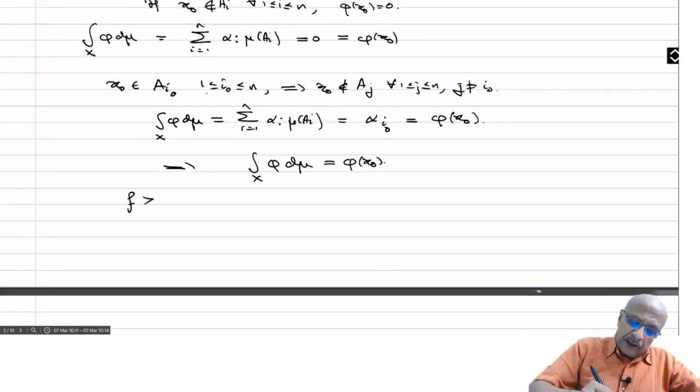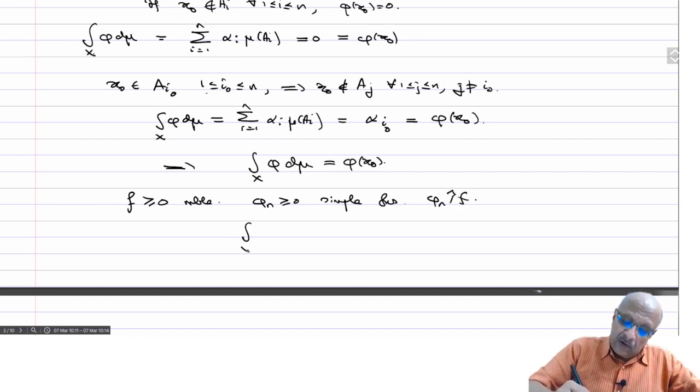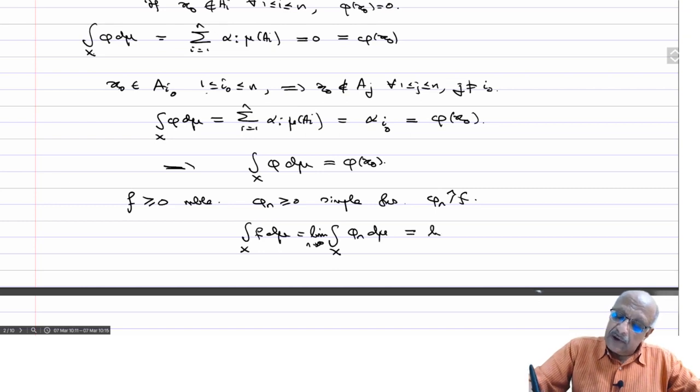Now if f is any non-negative measurable function, then take phi_n simple functions increasing to f. Then you have that the integral over X of f d mu equals the limit as n tends to infinity of the integral of phi_n d mu over X, and that's equal to the limit as n tends to infinity of phi_n of x naught, and that's equal to f of x naught.